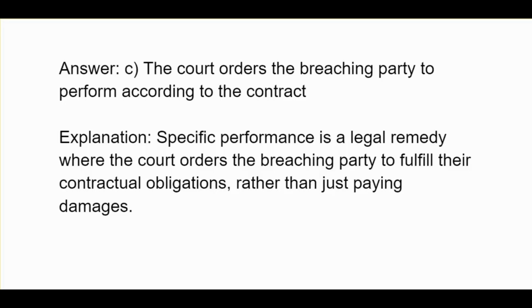C, the court orders the breaching party to perform according to the contract. Specific performance is a legal remedy where the court orders the breaching party to fulfill their contractual obligations rather than just paying damages.